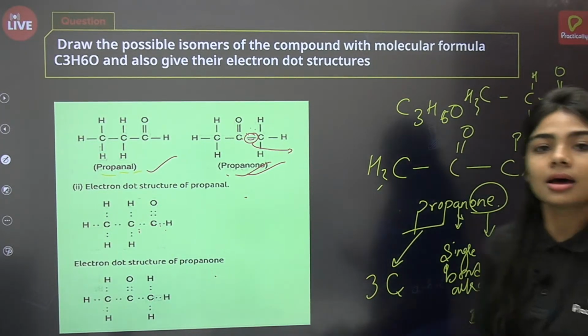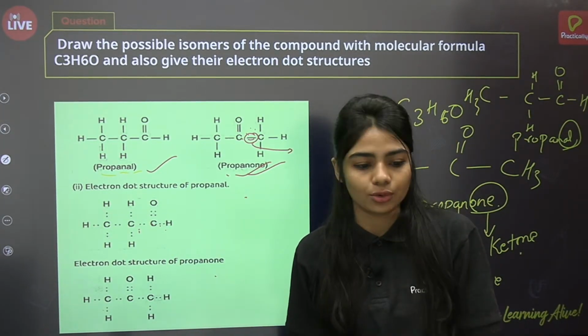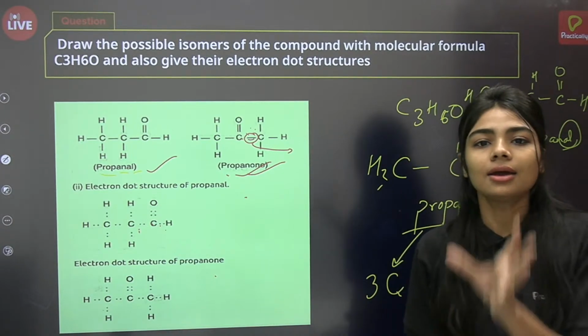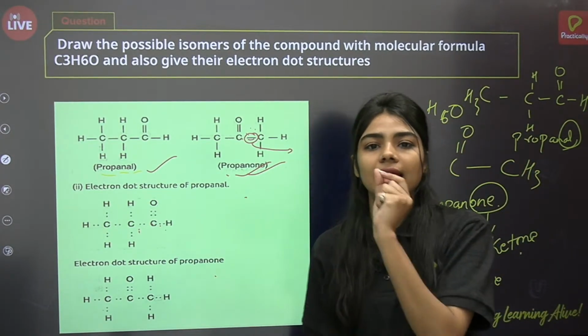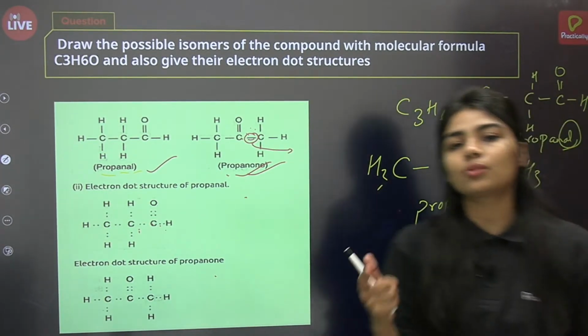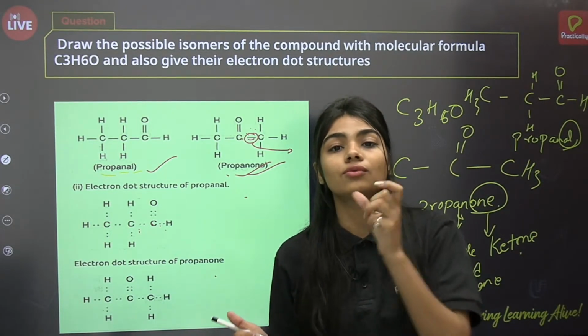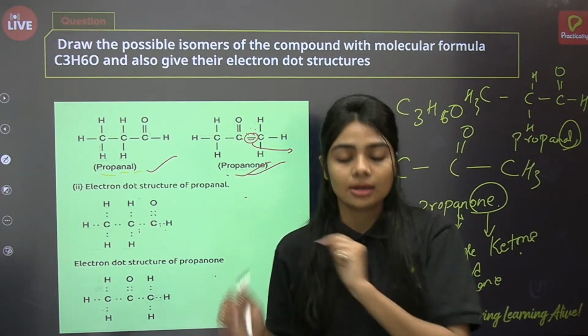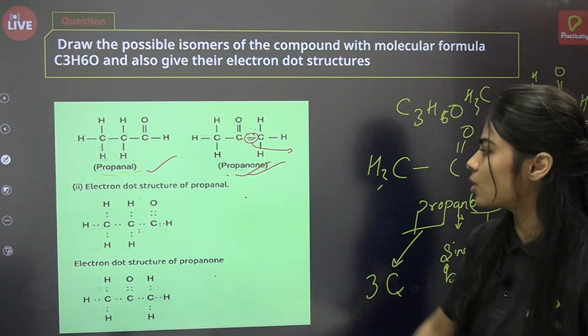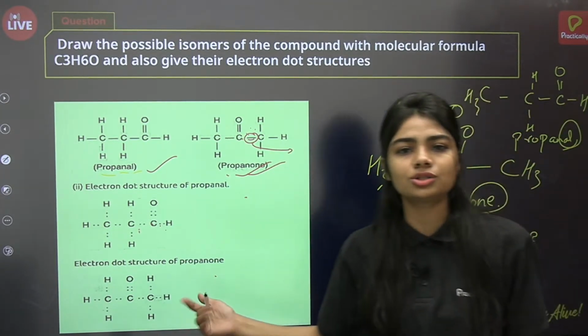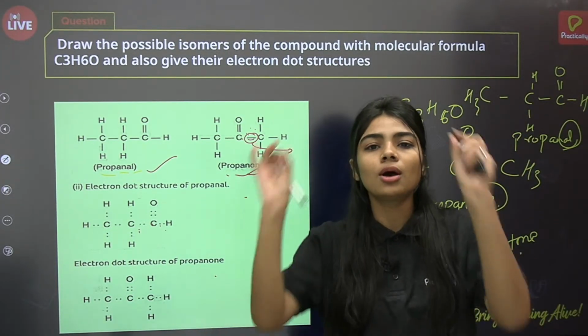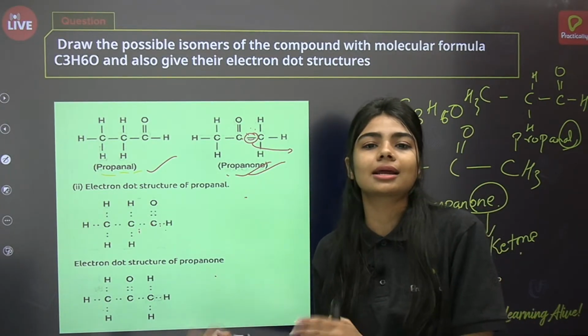Al is the suffix of your aldehyde group. Okay. For aldehyde, we use the suffix al. And for alcohol, we use ol. So remember these things. These are the small things. And for electron dot structure, just remove the bond, put the electrons, and here is the electron dot structure of the particular compound.